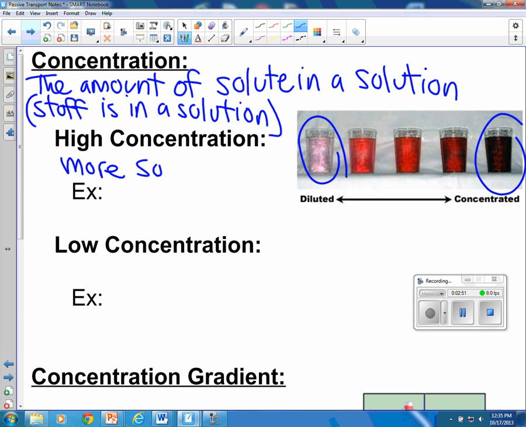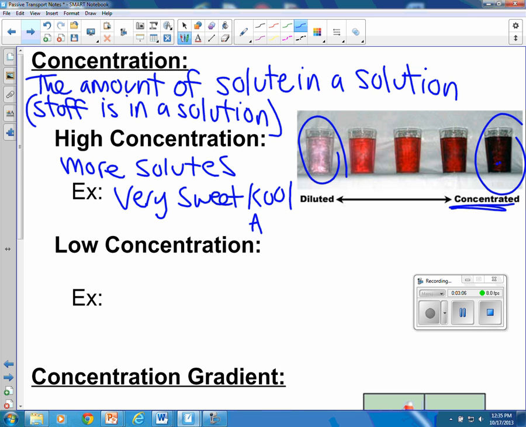So over here on our picture, you can see concentrated. This is a high concentration. If this was Kool-Aid, it would be very sweet Kool-Aid. If you were making a hot chocolate solution, it would be very chocolatey hot chocolate. On the other hand, a low concentration has less solids.